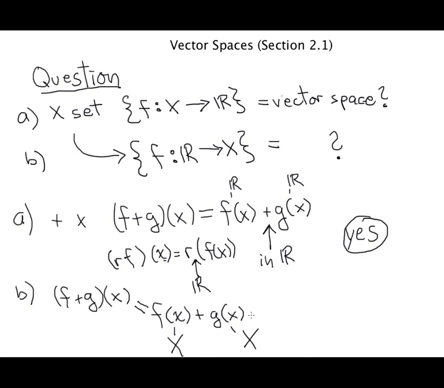It could just be a set with 2 elements or 100 elements or 1,000,000 elements, but there's no structure. And in particular, there's no notion of addition. It doesn't mean anything to add 2 elements of this set. So without that structure, the answer is no. This is not a vector space in any reasonable way.